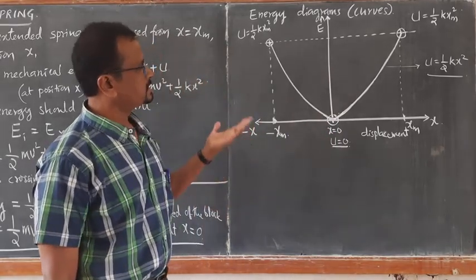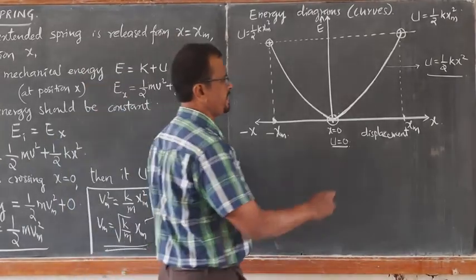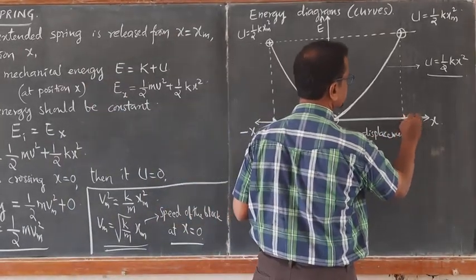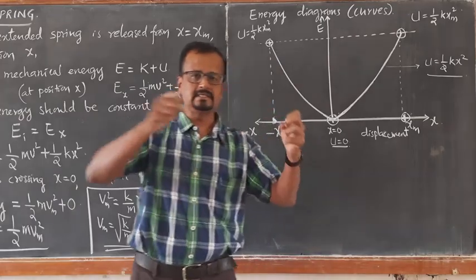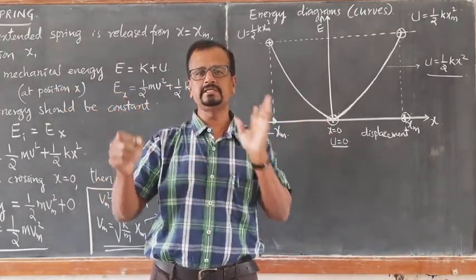Now let us draw the graph of kinetic energy. Kinetic energy at maximum displacement is 0. When the spring is stretched to the maximum displacement, it is at rest, so kinetic energy is 0.